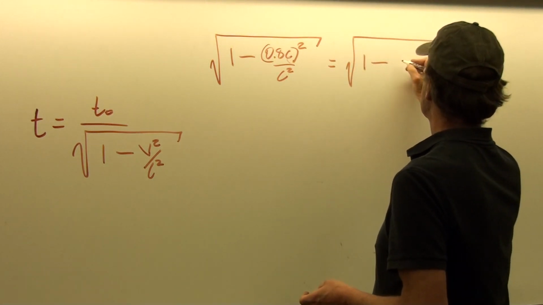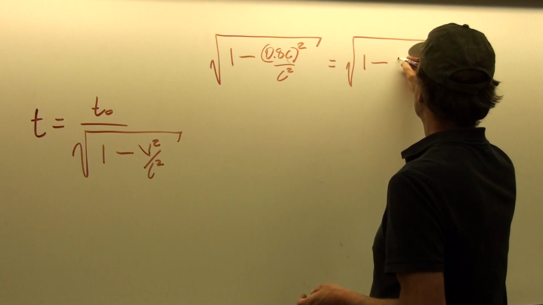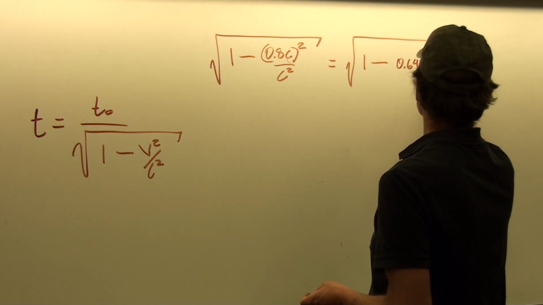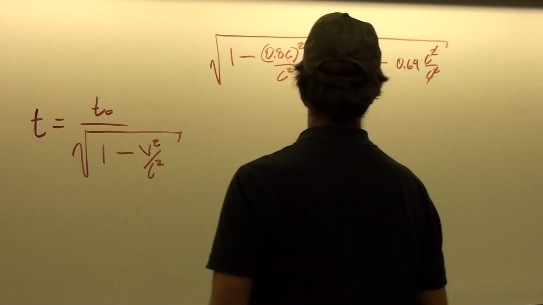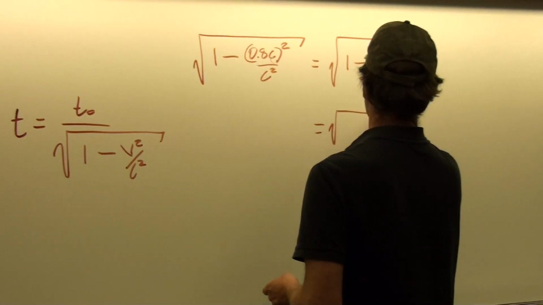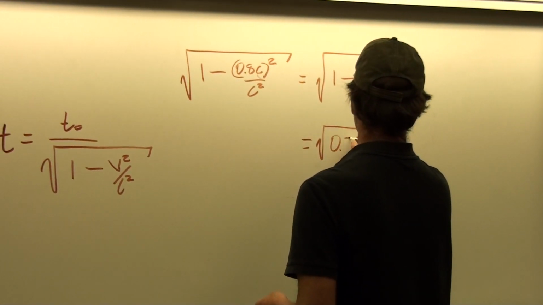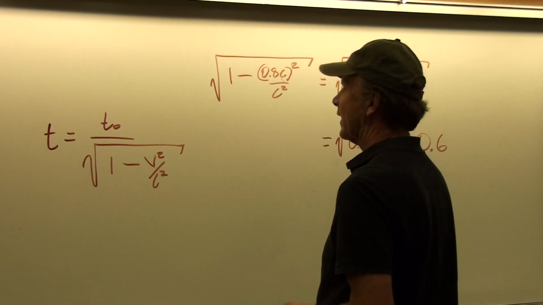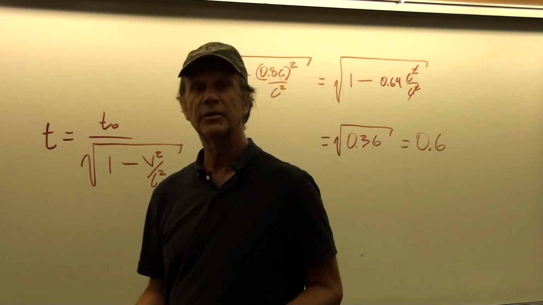So this then is just going to be 1 minus 0.64 c squared over c squared. So the c squareds are going to cancel. So that'll give us square root of 0.36, which is just 0.6. So our square root factor is 0.6.